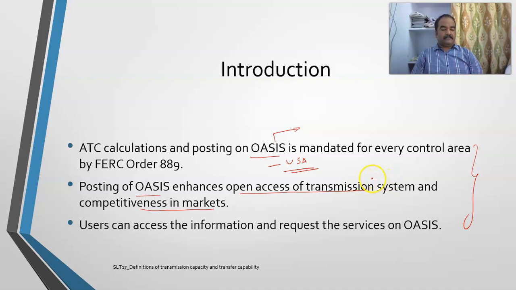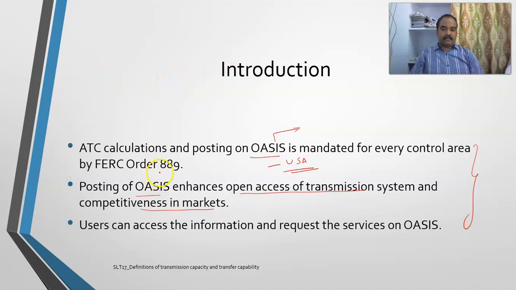As already said, the transmission systems should be very transparent in nature, and the ISO should offer these transmission services to different participants. Now, before getting permission to use transmission lines, the GENCO can also have a pre-arrangement about the availability of the transmission lines.